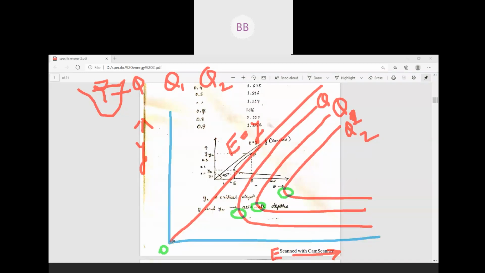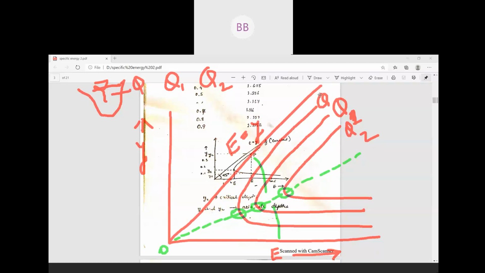If you join a straight line connecting all your minimum specific energy points, it divides the whole curve into two portions.